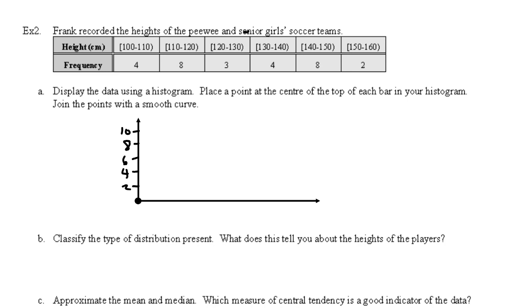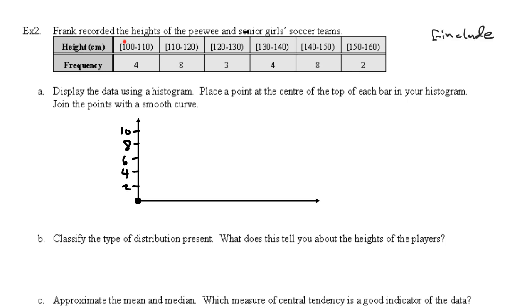All right, so imagine you have this example. Frank has the heights of Pee Wee and senior girls soccer teams, right? You'll notice that for each of these heights, we have all these ranges, right? Now, the square bracket on the right side of this thing means the following. Include the 100.